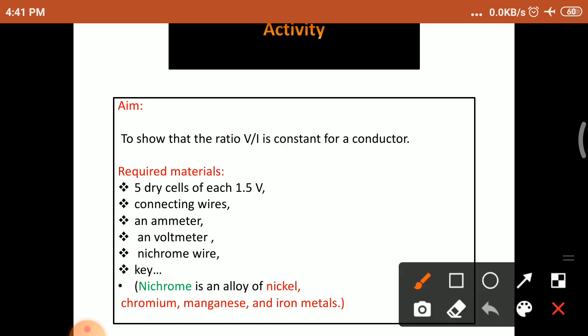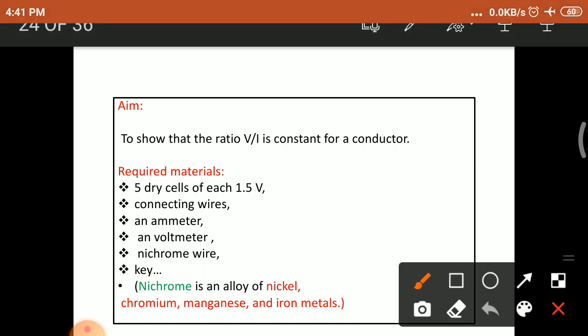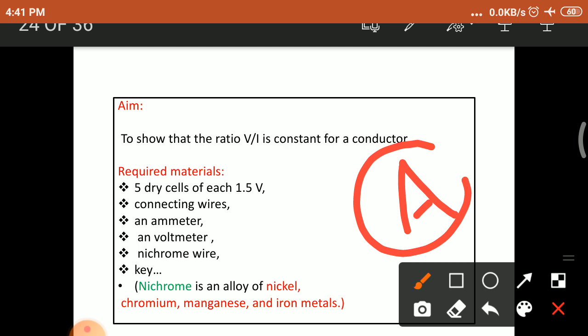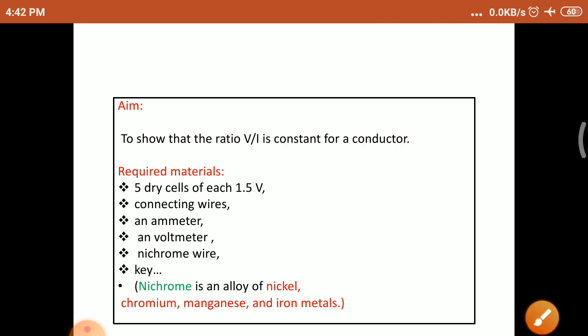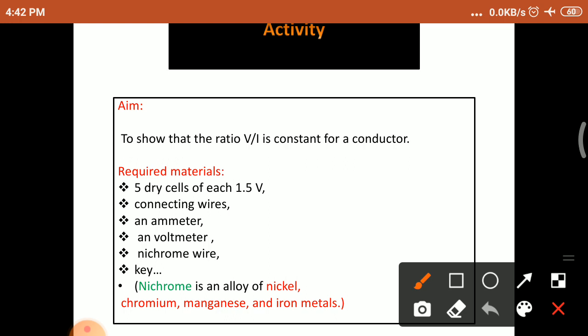The next one, connecting wires. Then ammeter. Then voltmeter, the nichrome wire, key.